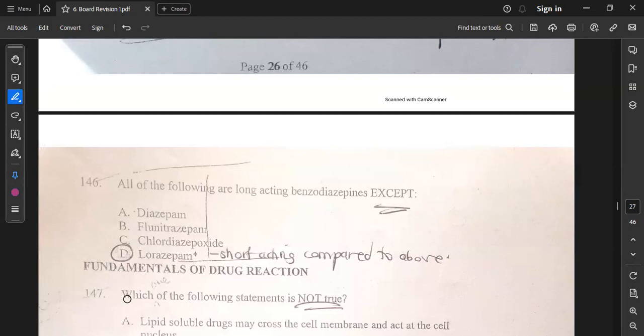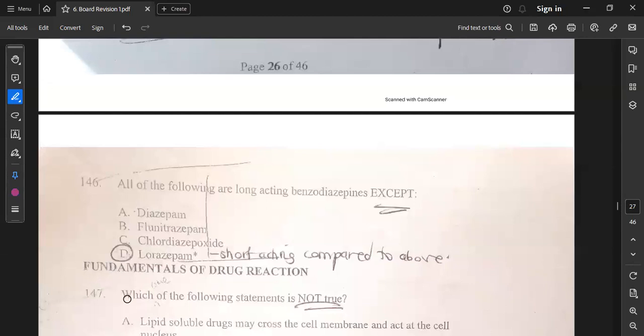Okay, yes. So the ultra short acting, yes, is midazolam. And then short acting for 3 to 8 hours, we have oxazepam and triazolam. And then intermediate acting for 10 to 20 hours, we have alprazolam and lorazepam.